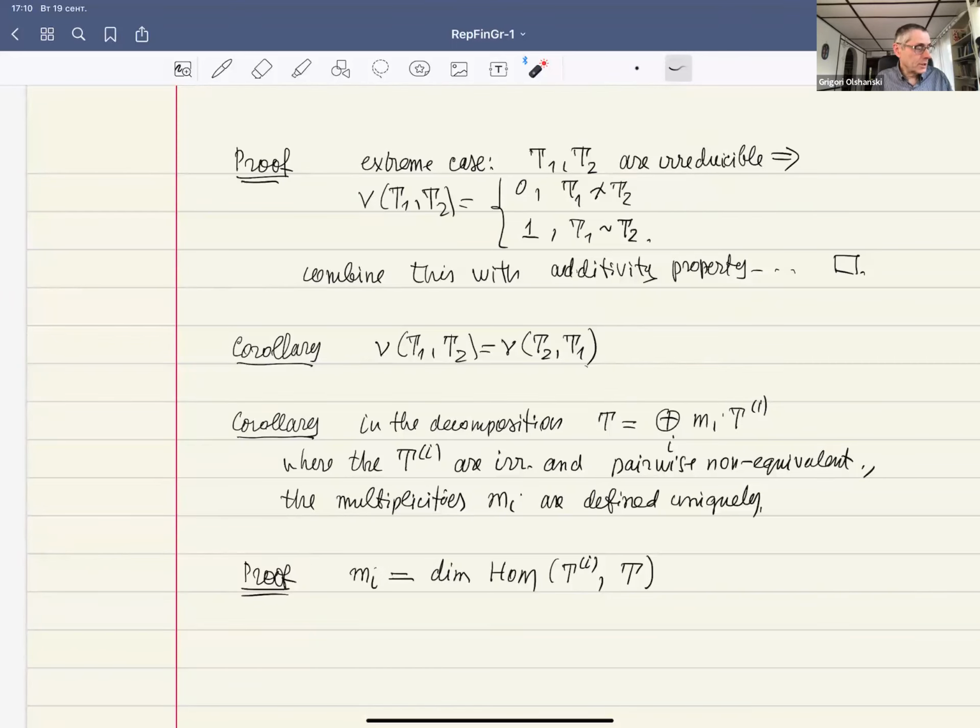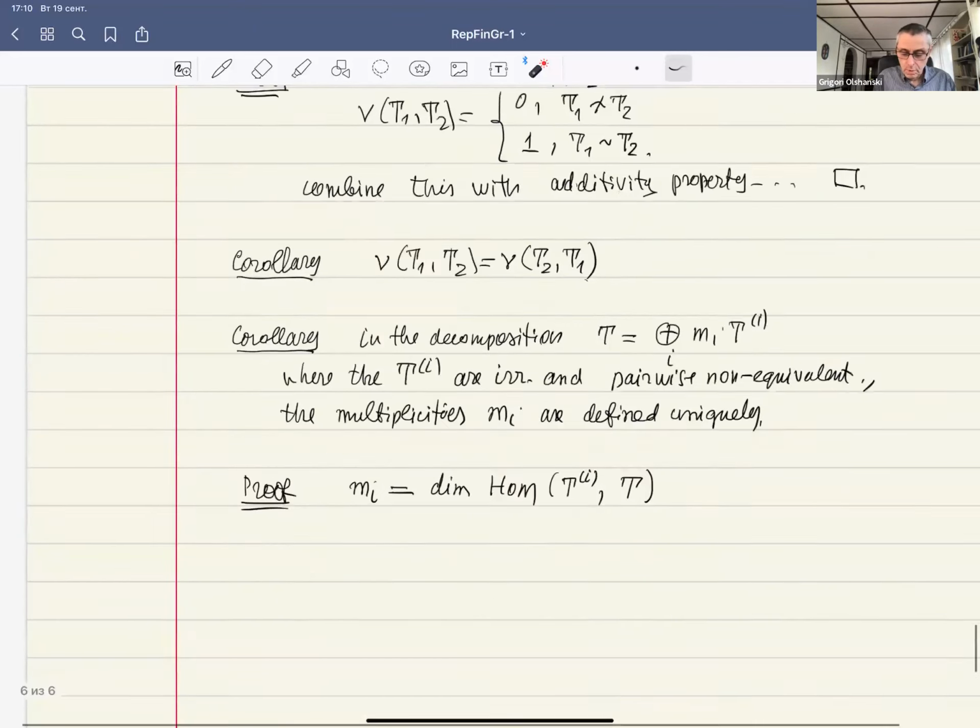And this leads us to the following definition.